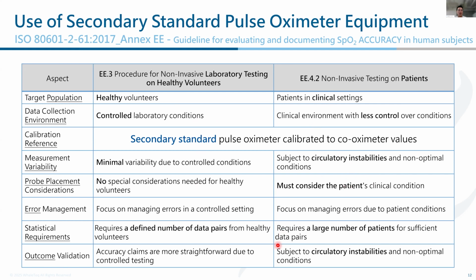In the end, in the real patient setting, you might need a large number of patients to prove your accuracy claim, because the patients you collect need to cover all the scenarios that your product claims for. That's why you need to accumulate more data that can make sense of your test results.